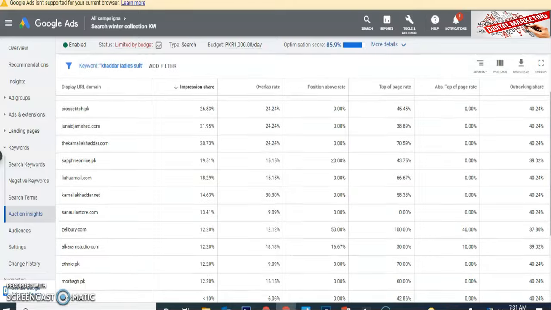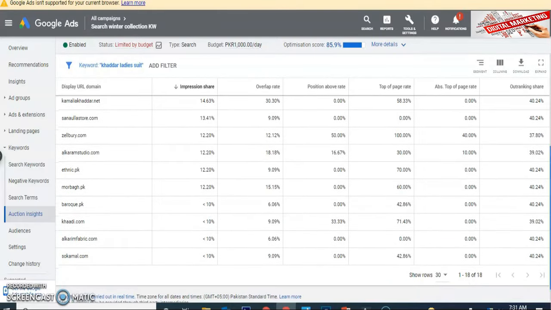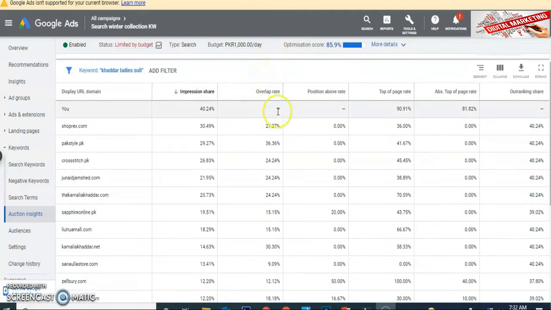So let's see how other competitors are performing. Kamalia Khaddar is 71% on the top of the page, but not appearing on the first position. Now let's understand what overlap rate means. Overlap rate means when your ad is appearing, how many of the times your competitor's ad will appear with your ad.